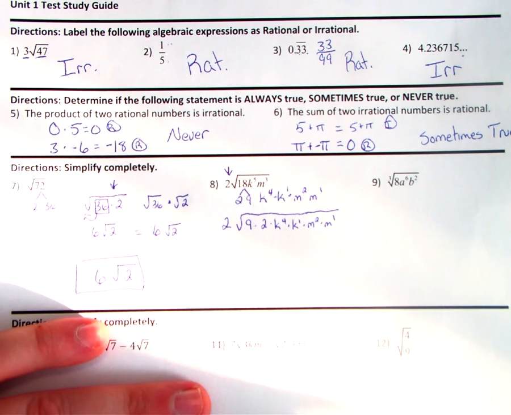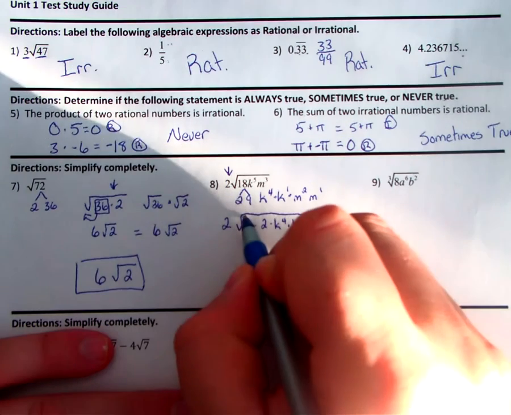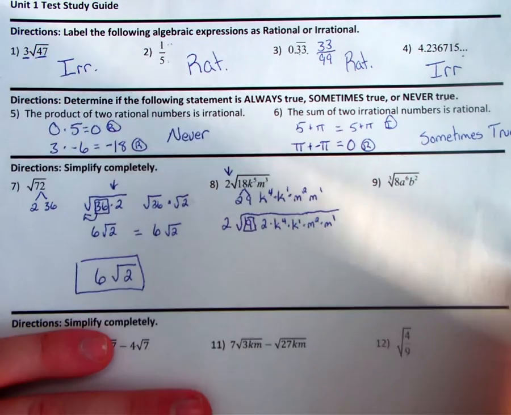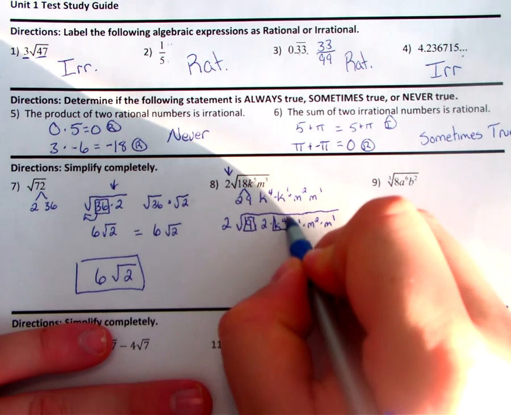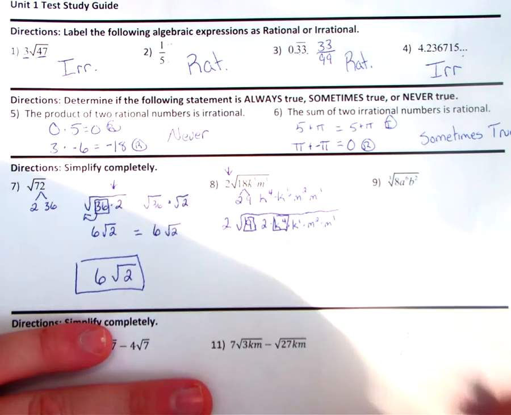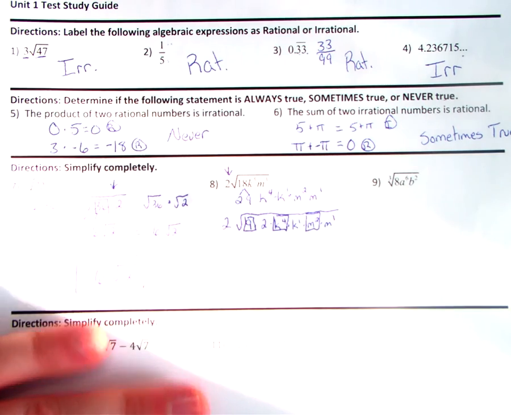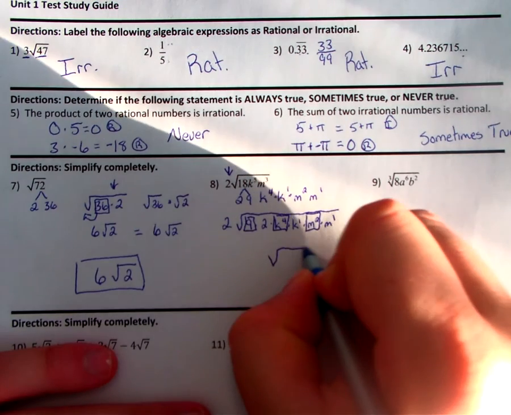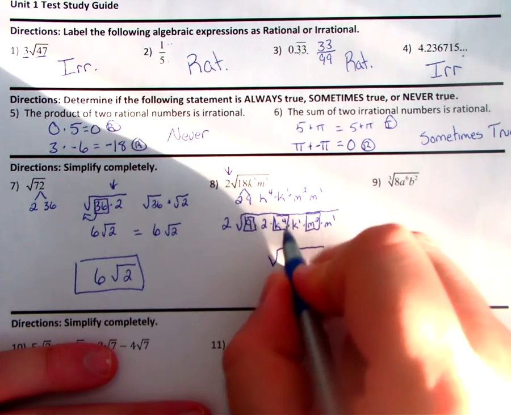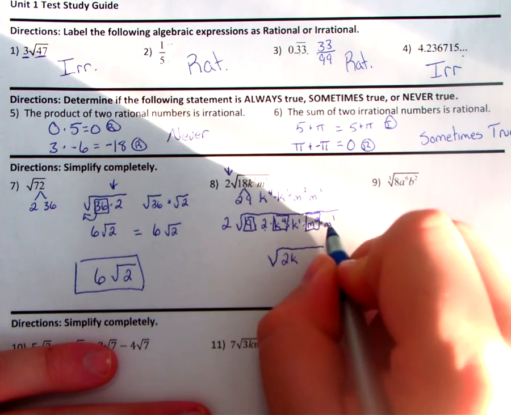We need to remember to bring it down. So now I'm going to look for my perfect squares. Remember, we made these even powers so that they could come out of the radical as well. If it is not boxed, it's staying in the radical. So let's clean up the radical. The radical is left with root 2 k m.